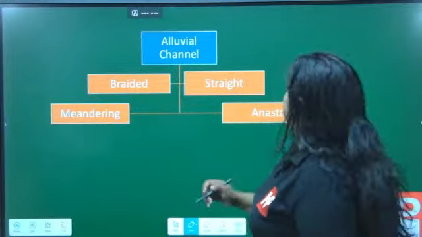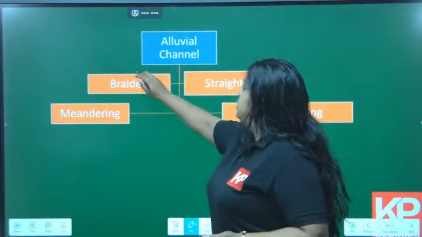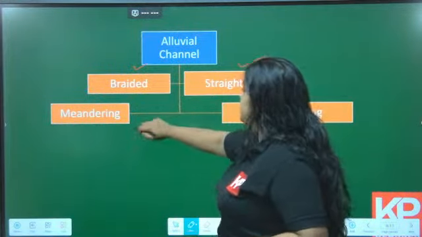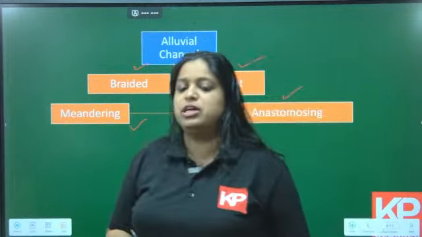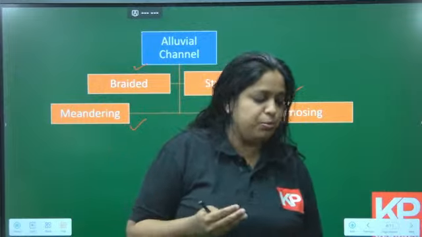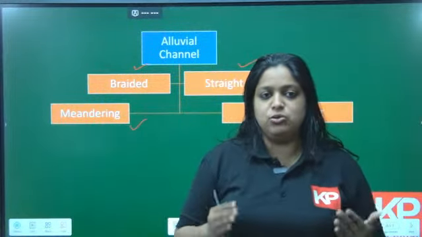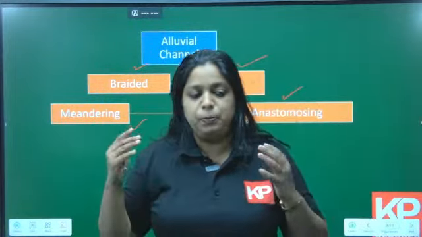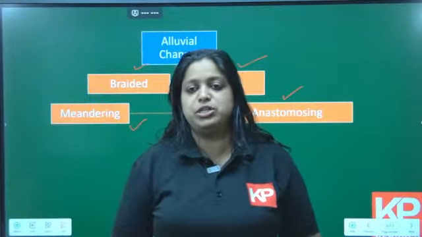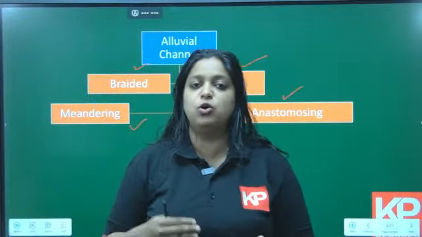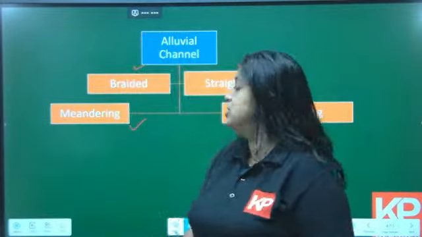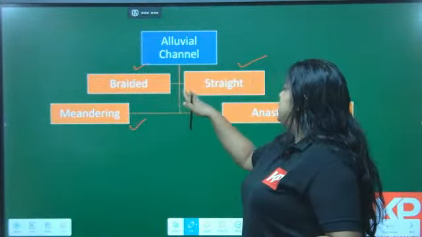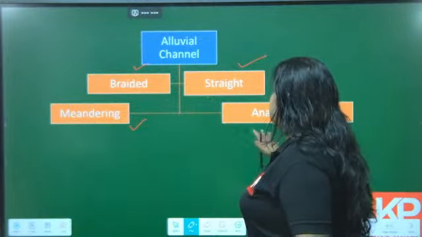The first type of classification divides them into braided channel, straight channel, meandering channel, and anastomosing channel, based on their morphological properties, or how they look or flow, depending upon sediment transportation, slope, discharge relationships and type of flow. We divide them into four: braided, straight, meandering, and anastomosing channel.